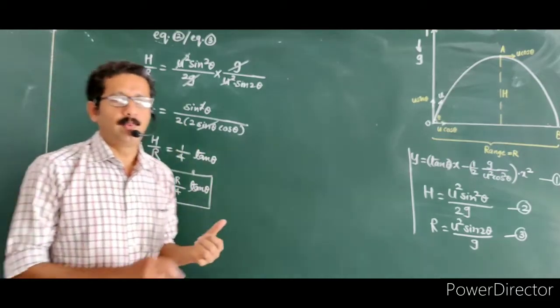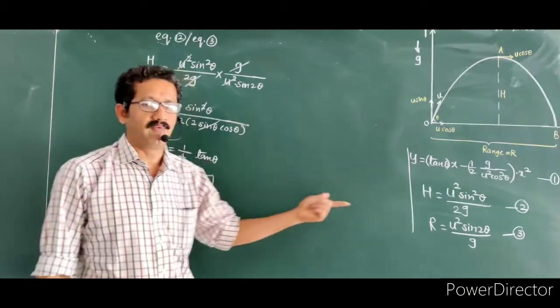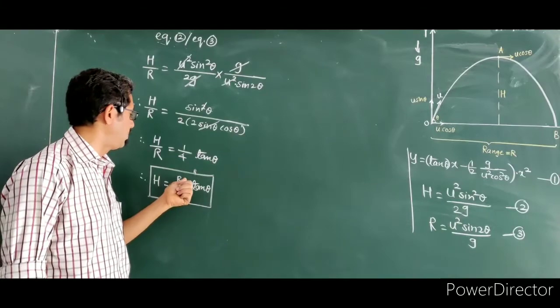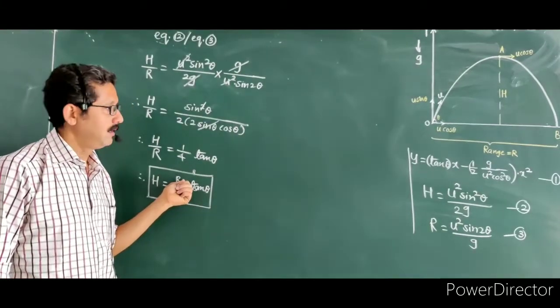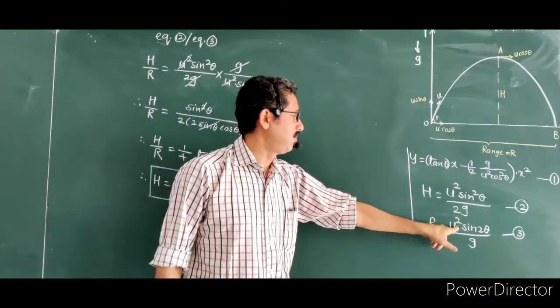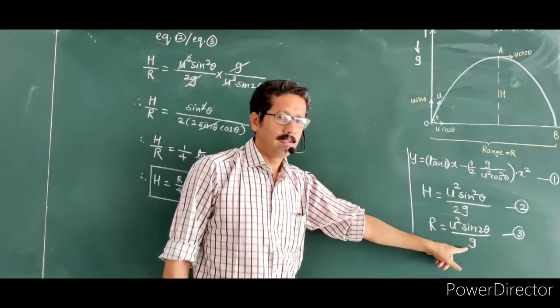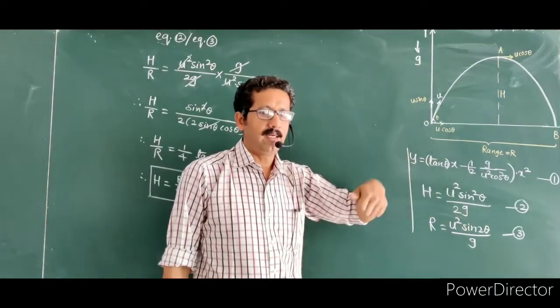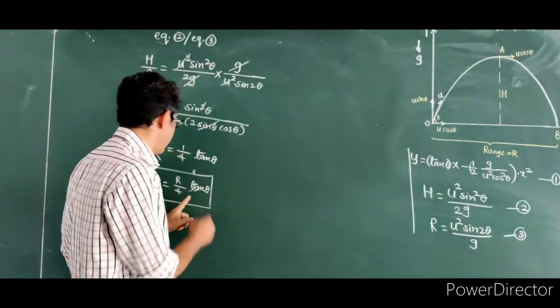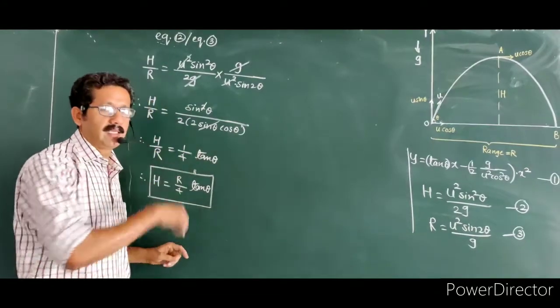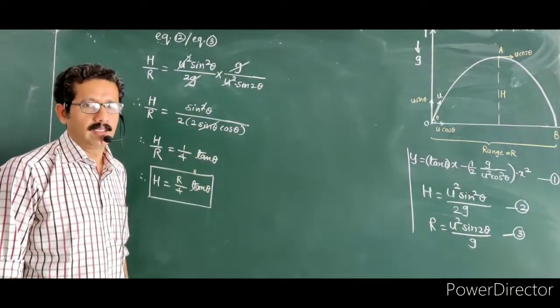Also, just now we have spoken that the range would have a maximum value. This r will be equal to r max, and that r max is equal to u squared upon g. But I can also find that this value of r max is there for theta equal to 45 degrees.